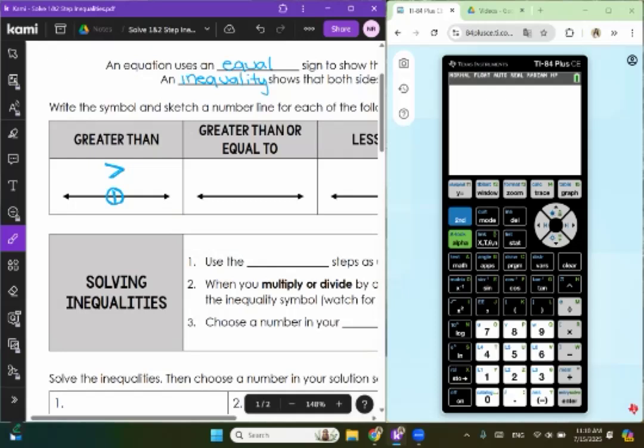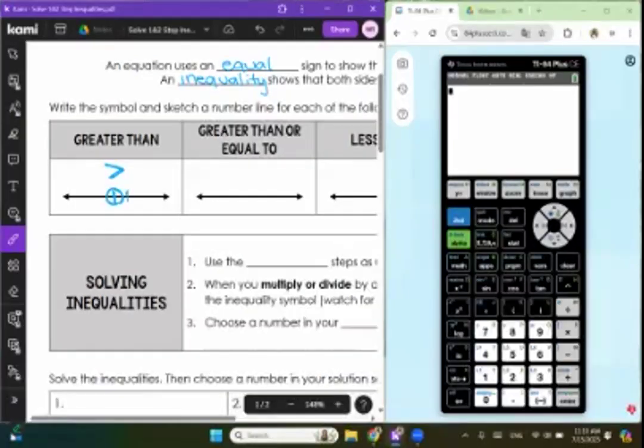And with greater than, notice you want to treat it like an arrow. So whenever you're shading, you would shade to the right. Okay. Greater than or equal to. Equal to means that that number is going to be included. So we underline that inequality, but with the bubble, we actually fill it in.